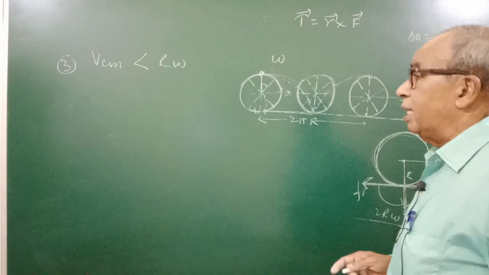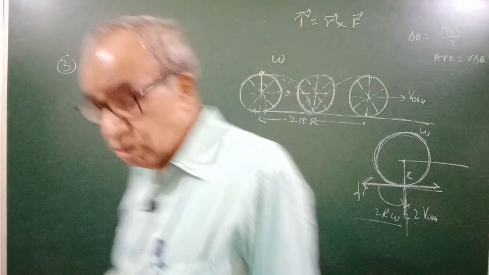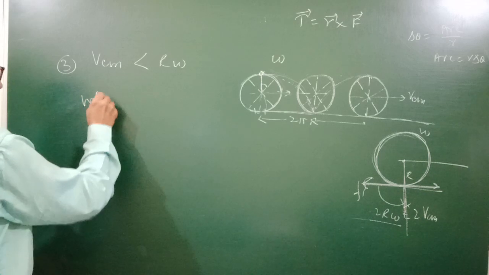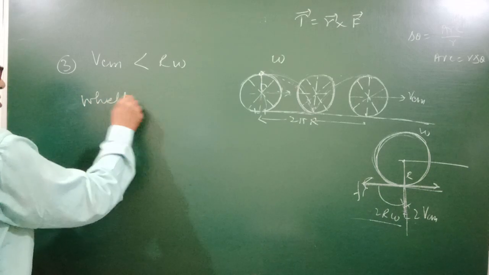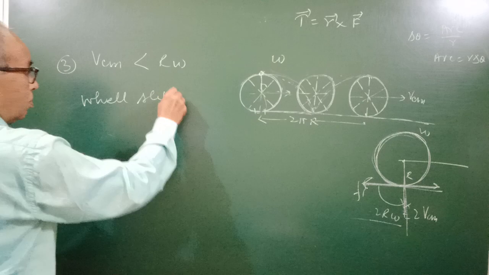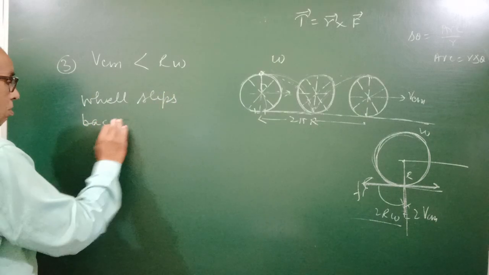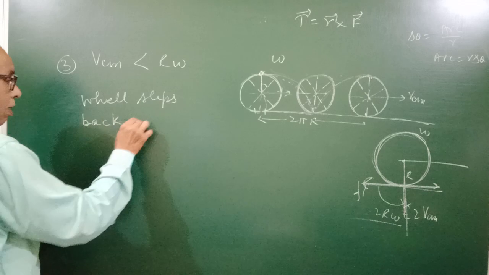When the wheel has less velocity than omega, in this case the wheel slips in the backward direction.